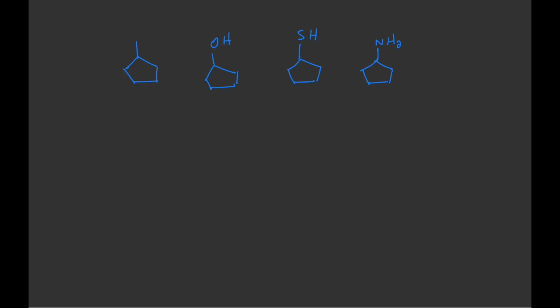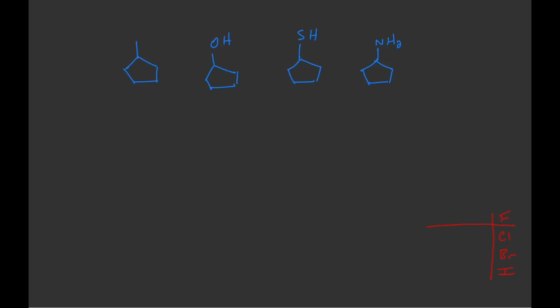So if we look at these compounds, let's again draw a portion of our periodic table. So again, we know we have fluorine, chlorine, bromine, and iodine for the halogens. Now let's work left across the periodic table.